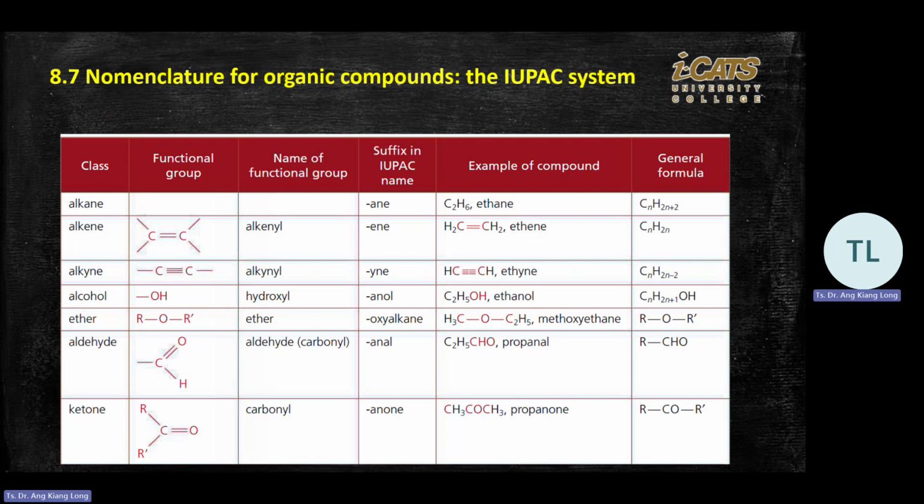If it's a double bond, carbon-carbon, it's called alkene. If it's a triple bond, it is called alkyne. OH is hydroxyl. If you have C, O, C with continuous bonding, it's called ether. You see C, O, and H, it is called carboxylic or aldehyde. So you use the prefix according to this table.